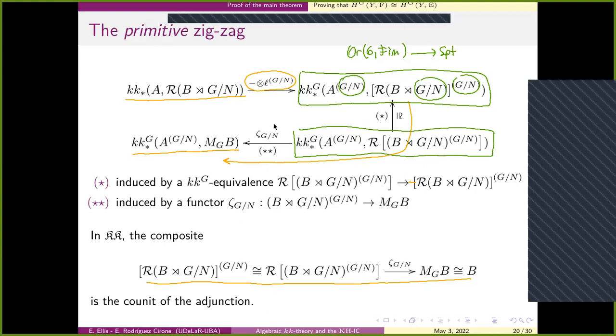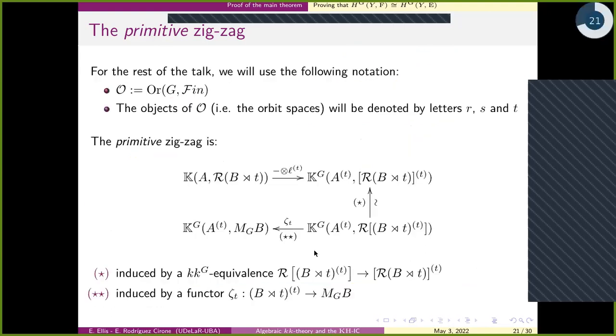So the first thing, we'll concentrate our attention on this zeta G mod n. But before, we will fix some notation.